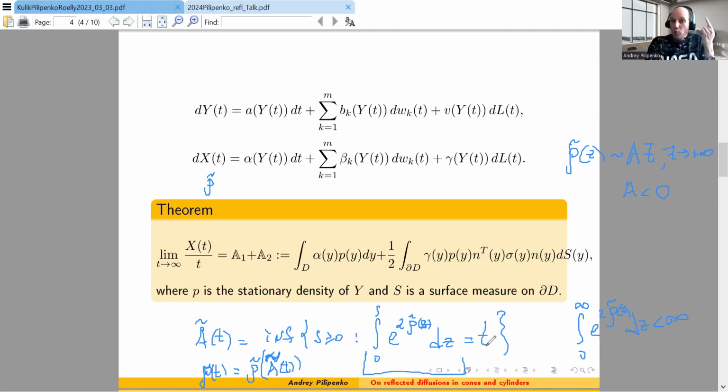This is the first time when rho tilde converges to infinity.